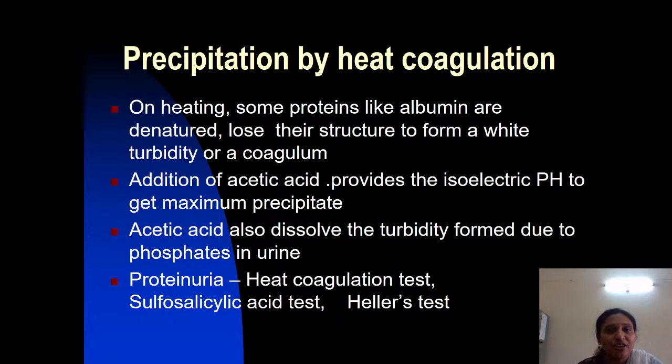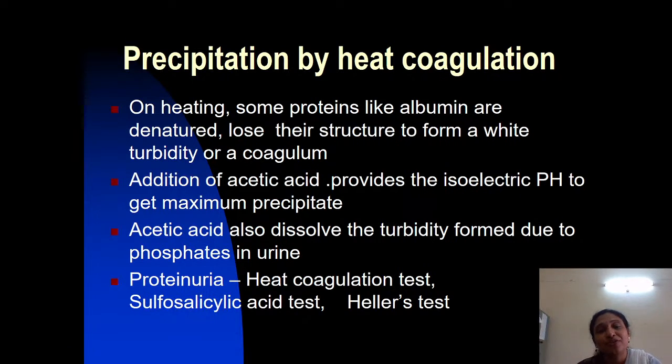Then why do you add acetic acid to that precipitate? Two reasons. Because normal urine contains phosphates. Sometimes phosphates also precipitate when exposed to the heat and form a white precipitate. We don't know whether the precipitation is because of the phosphates or because of the albumin.